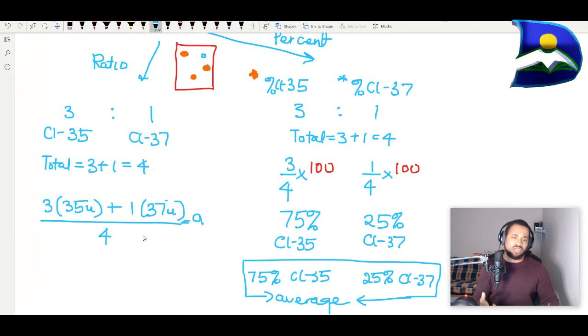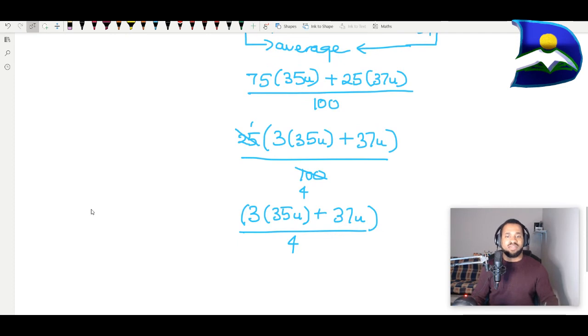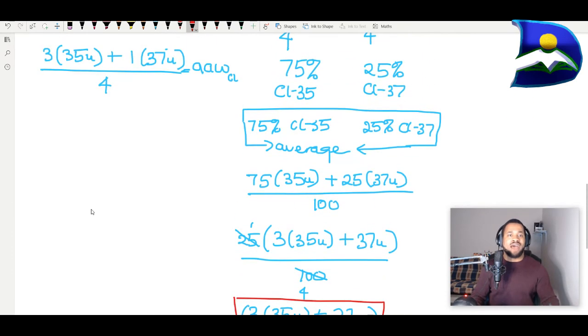So average we just abbreviate as A, atomic weight for chlorine. So once you have this written, what you notice is that, hey, you see we have the same expression, where for this part here, if you go through the percent method, you actually get the same expression as what you have for the ratio expression.